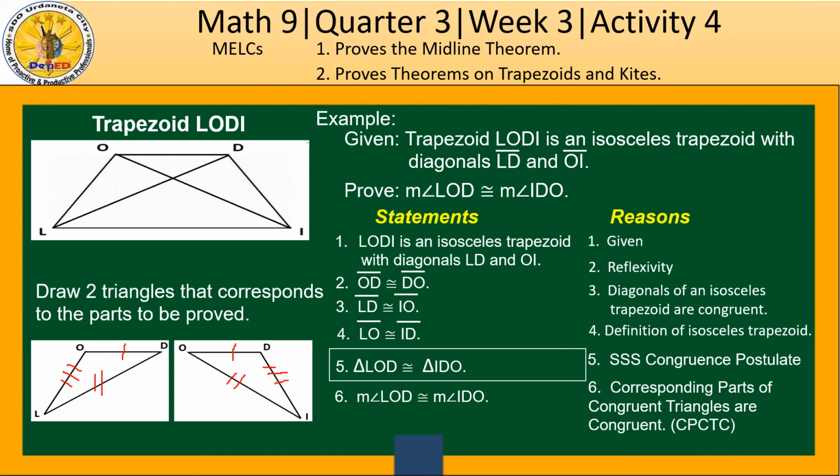All the remaining parts are congruent if we found three congruent parts using the congruence postulates. So that's all for this example.